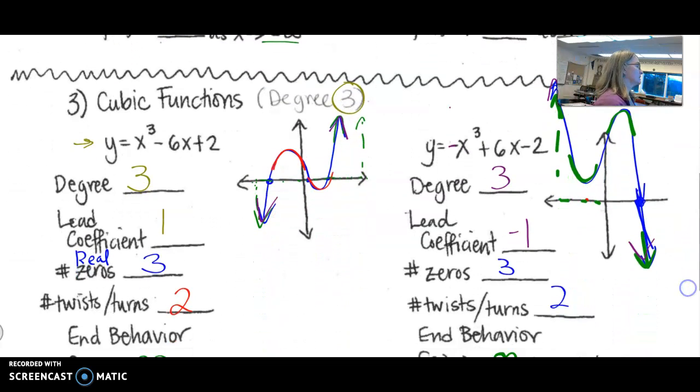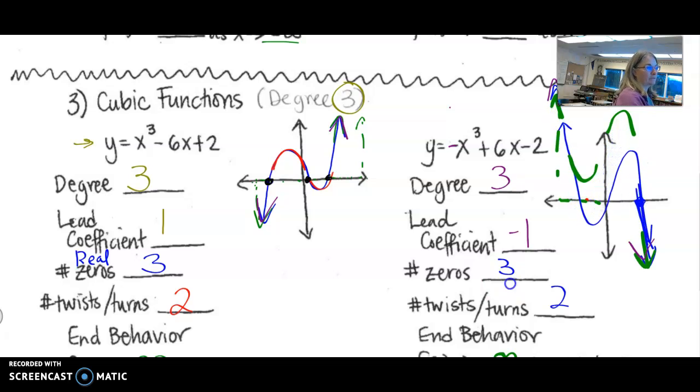For the cubic function of degree 3, we have, for this situation, 3 zeros and up to 2 twists and turns. Also keep that in mind. Over here, the actual original graph looks something more like this.